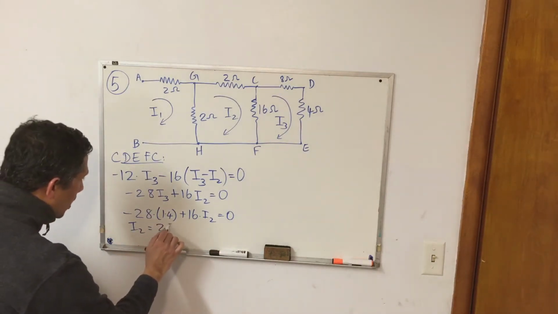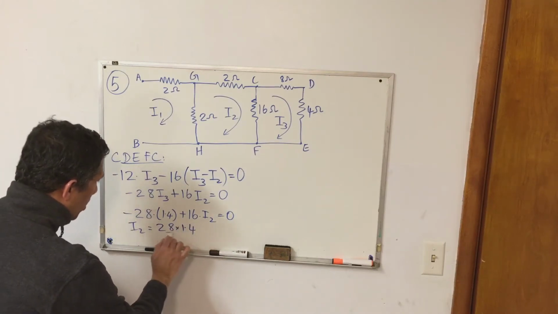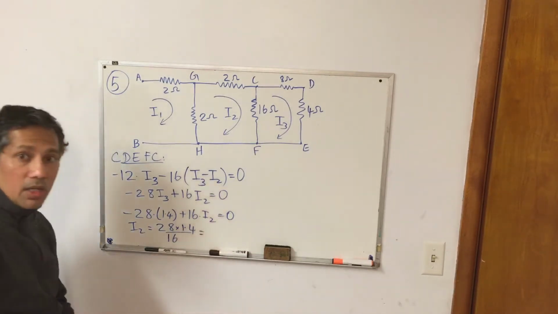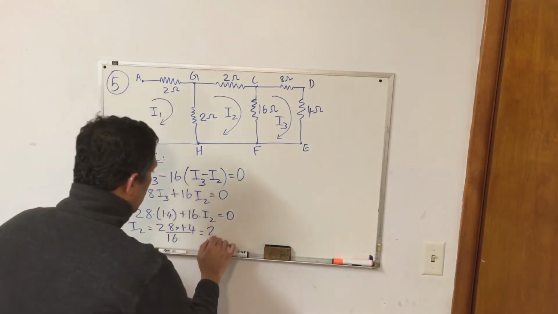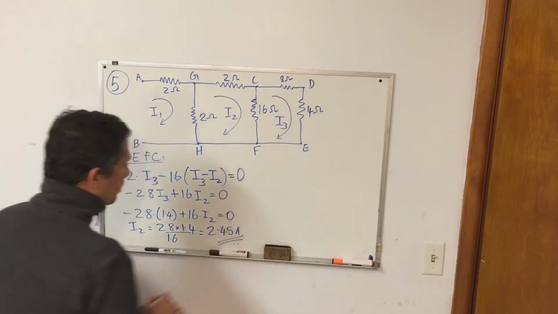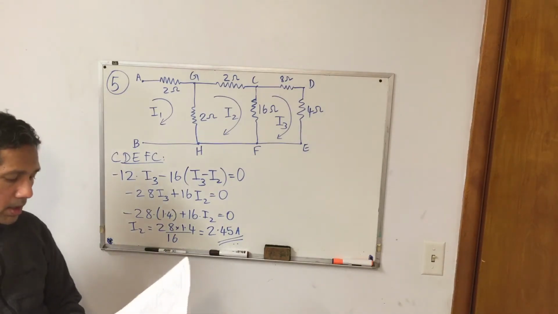That would be 28 times 1.4 divided by 16. So the value of your i2 you will obtain is going to be 2.45 amperes. Right? So that's the value of my current i2. i2 is 2.45 amperes. Very good.